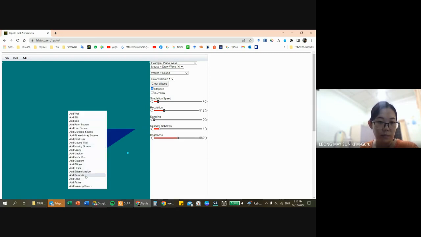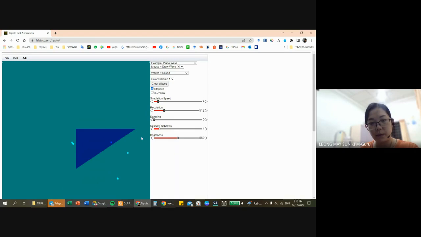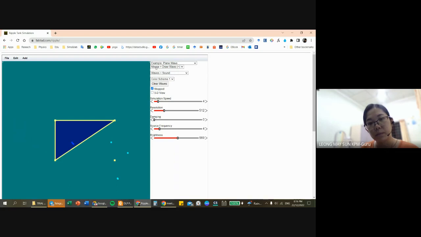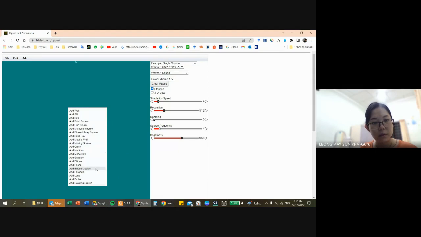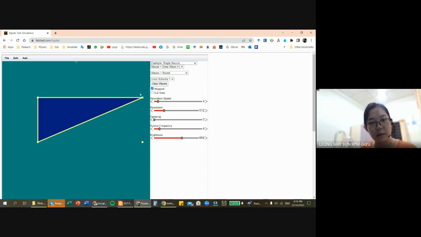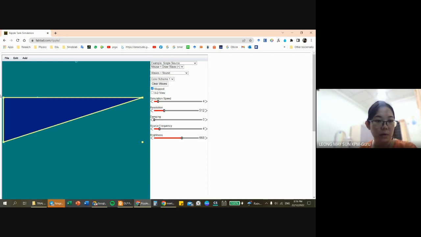Never mind, I'll just use this. And I'm going to change this to a single source and add back the prism. Why? Because I want you to see what happens when the wave passes through the prism. To clarify every single image, I'm just going to let it stay here, and I'm going to start the simulation.